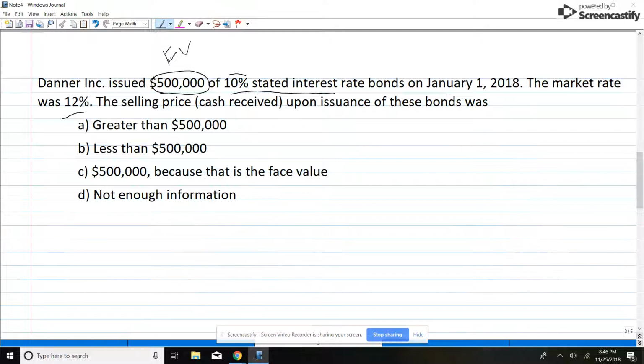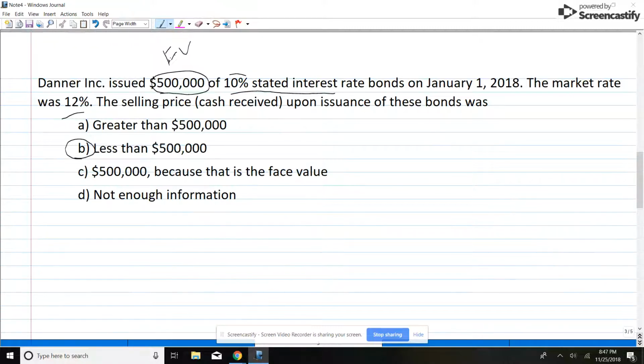So that's actually going to make the amount that Danner Inc. receives upon the issuance less than 500,000, because when you value the cash received upon bonds, you take into account the interest rate and the time value of money.